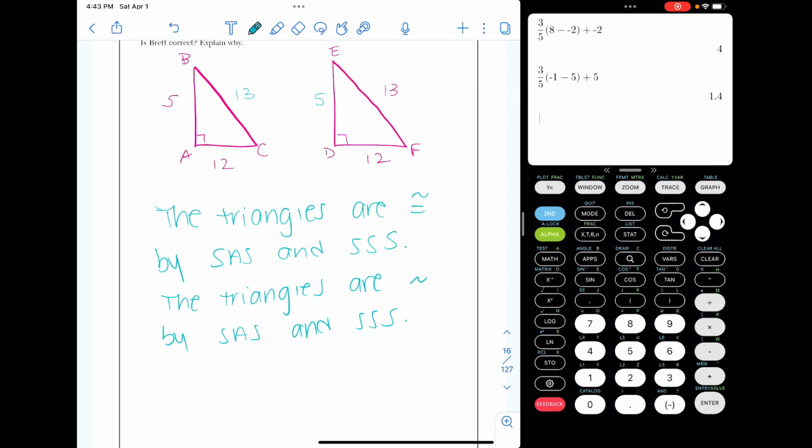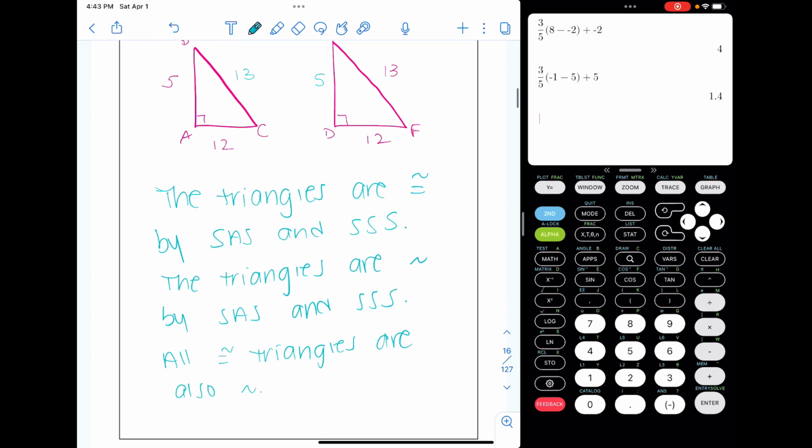I'm going to write one extra little addition here, that all congruent triangles are also similar. That does not work backwards. Not all similar triangles are congruent, but all congruent triangles are similar. So I'm going to say then at the end, actually answer what this question's looking for, which is: is Brett correct? And yes, he is.